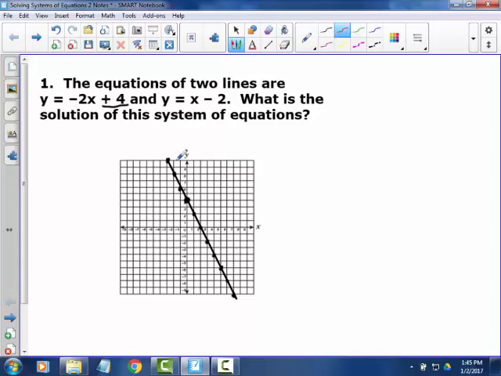Okay, then we pick another color, y equals x minus 2, so we go to negative 2 on the y-axis, and we place our first point. A no number written in front of x, remember, is an understood 1, so we're going to rise 1 and run 1, or up 1 to the right 1.